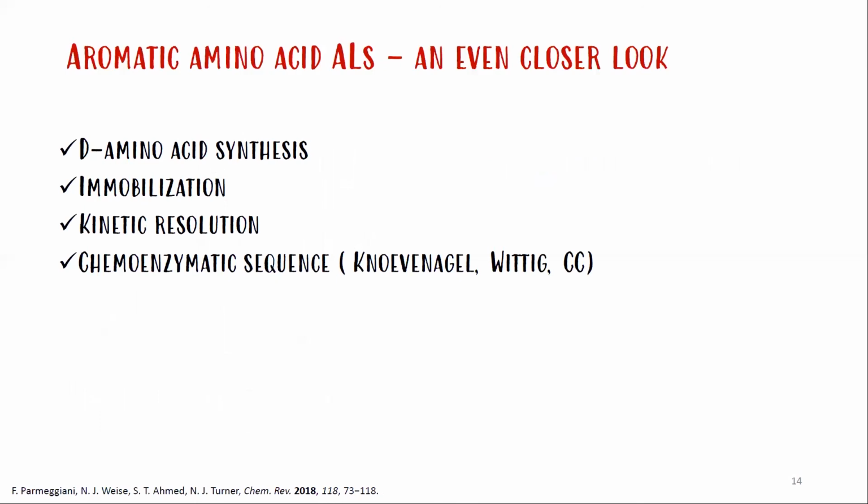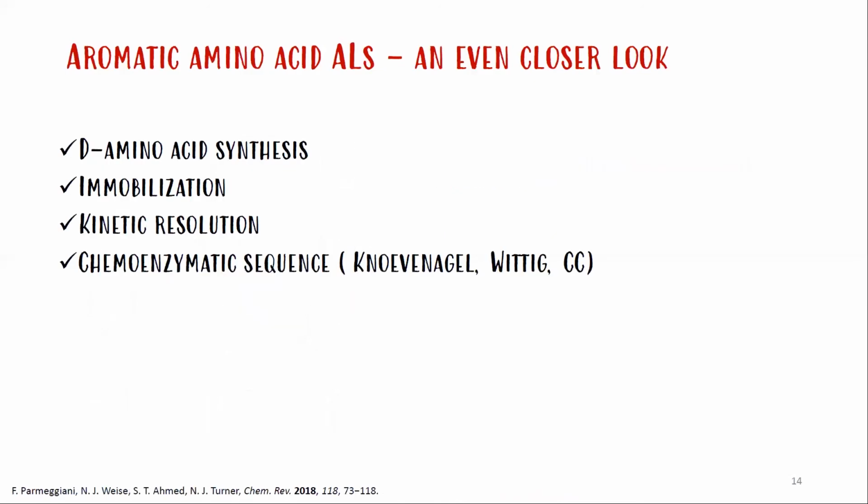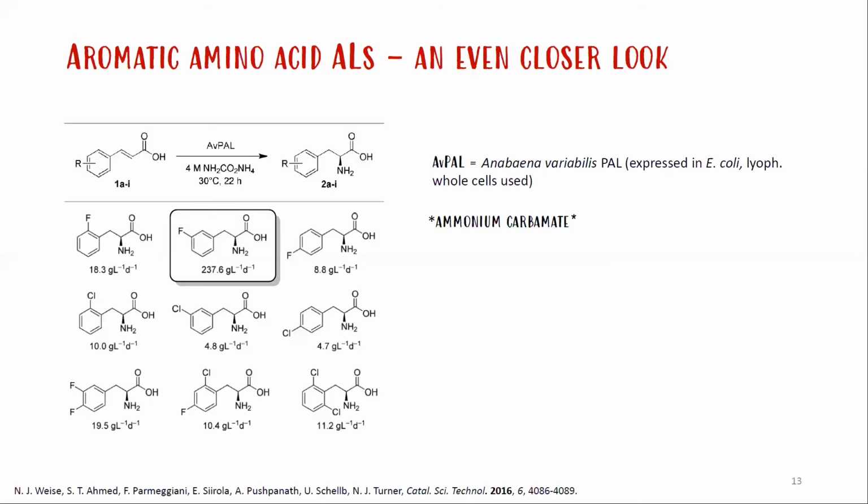It's possible to do kinetic resolution, so deracemizations, and chemoenzymatic sequences were also performed. These cinnamic acid derivatives are quite easily obtained, probably most easily by the Knoevenagel-Doebner condensation, also Wittig reactions, as well as cross-coupling, because if we have these halogen substituted aromatic rings, they're obviously very good substrates for further transformation by cross-coupling chemistry.